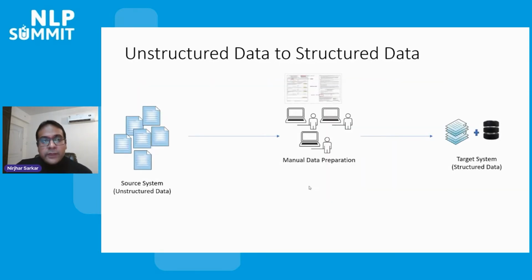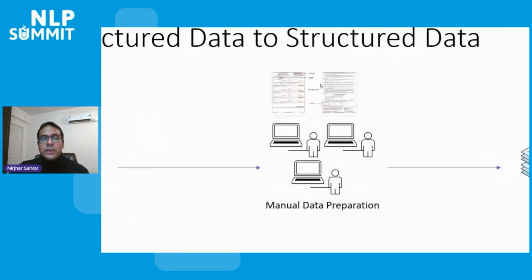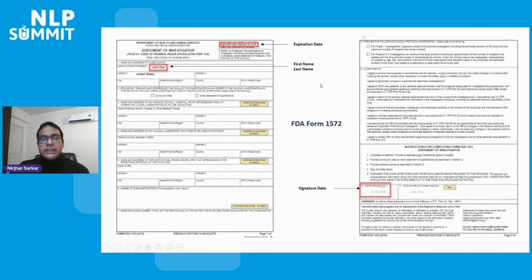In a traditional way, how the industry has been extracting information from unstructured data is basically they would deploy an army of humans who would open up each document. Let's take FDA Form 1572. In this case, we need to extract expiration date, first name, last name, signature date. So what we see on the document is the clinical investigator name, John Doe, and we extract the first name and last name, the expiration date, which is written on the top right corner.